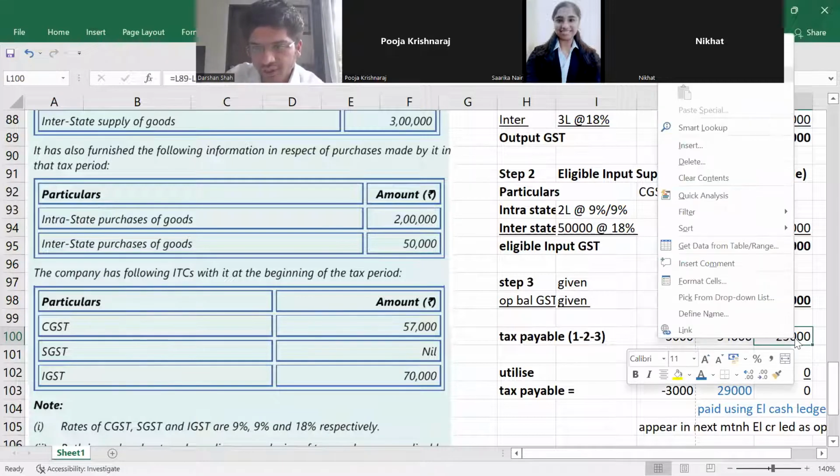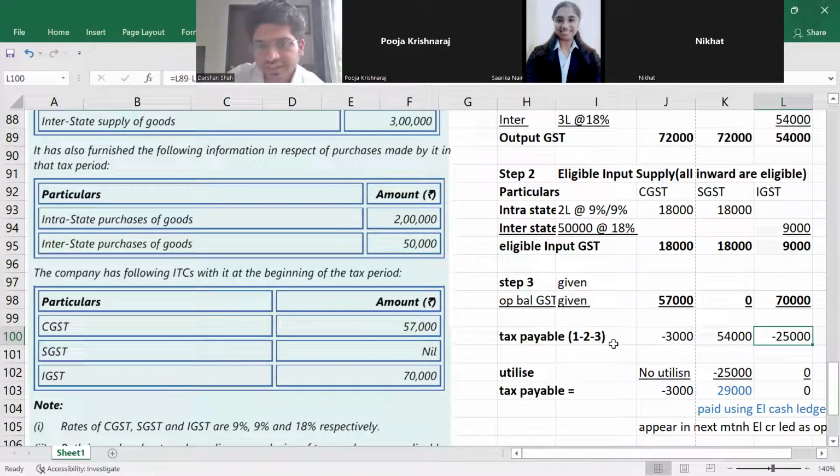So this 25,000 credit balance, tax payable is negative, means we have a refund, or we can also call it IGST credit. This credit will be utilized to pay SGST, right? So this becomes 0 and SGST is reduced by 25,000. And this 3,000 cannot be transferred over to SGST, because CGST cannot be transferred to SGST.